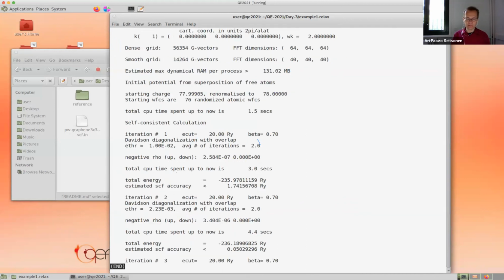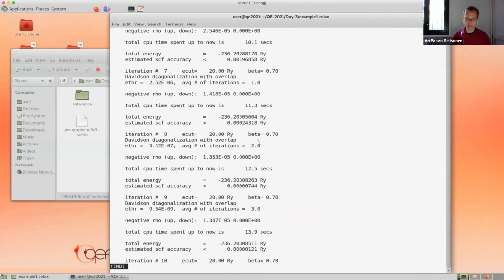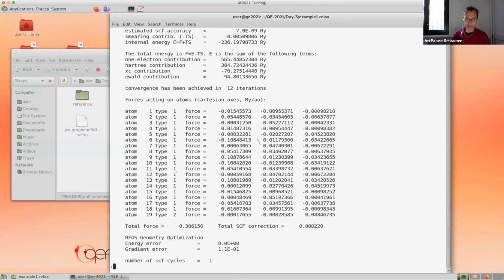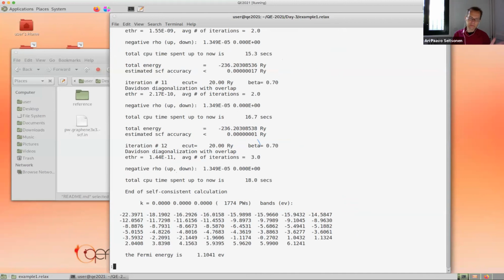Now it does the self-consistent loop. And now you see the system requires more steps for the initial convergence. In the case of graphene, the previous example, we needed 8 iterations. Now it took 12.